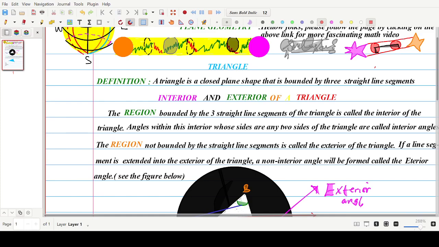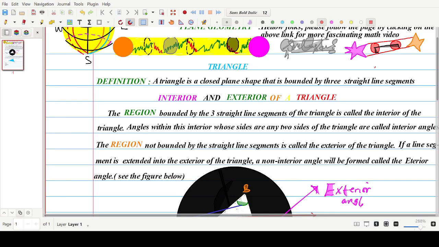In the first series, you were taught the sides of an angle: an angle has a first side and a second side. This time around, the interior angles are the angles whose sides are any two sides of the given triangle. We call those kinds of angles interior angles because they are within the interior of the triangle.